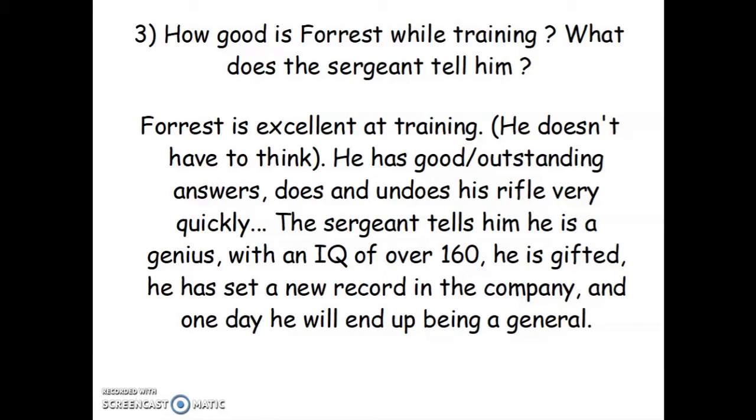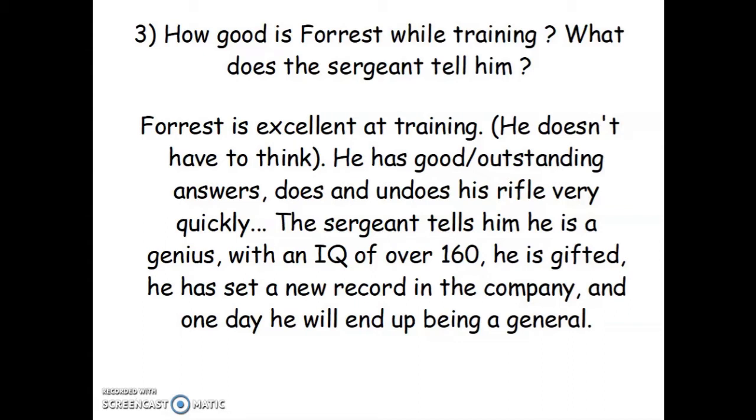So, what we can say is that Forrest is excellent at training, because in the army he doesn't have to think, he just needs to obey the orders. So, the surgeon tells him he has good, outstanding answers. We can see that he does and undoes his rifle very quickly.